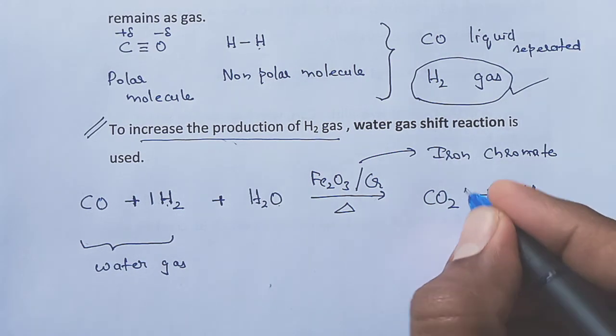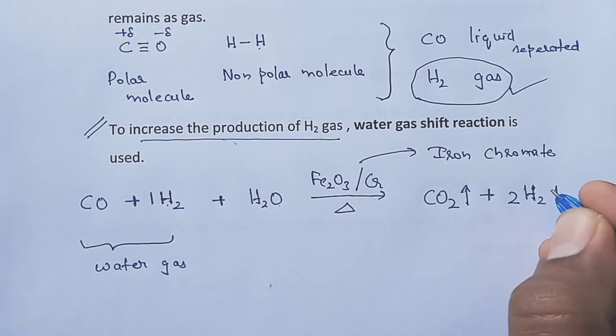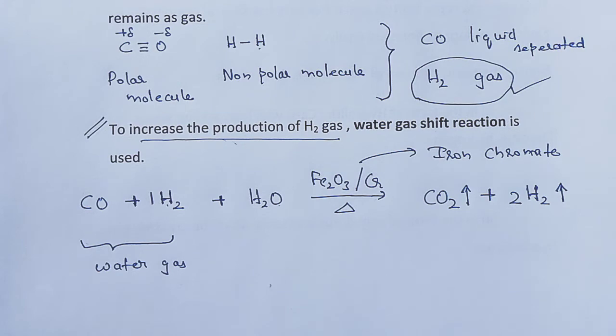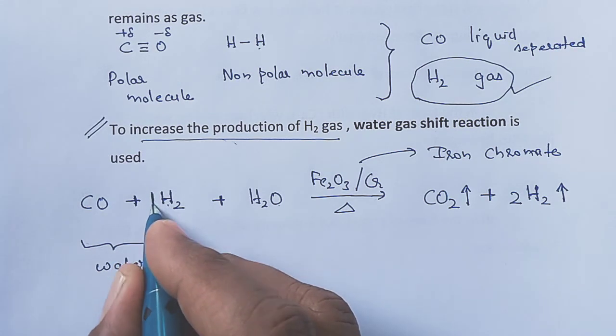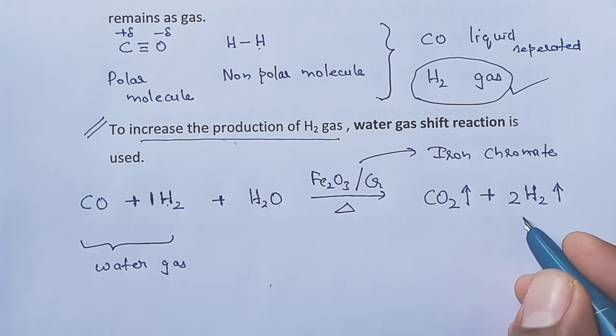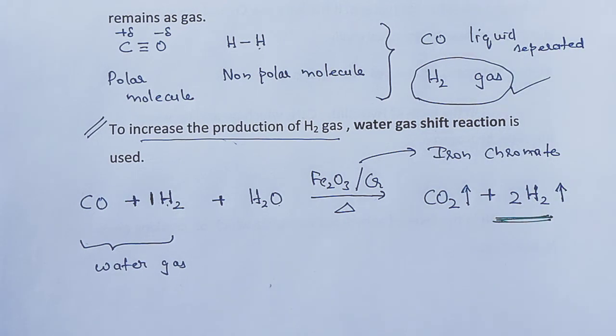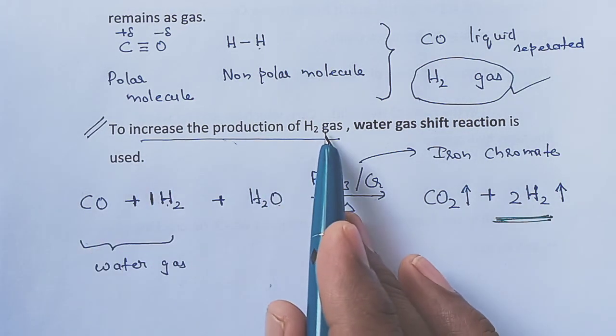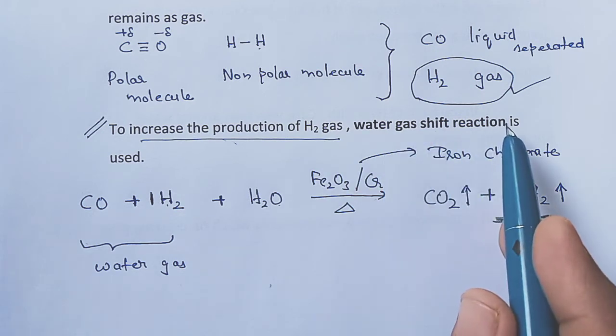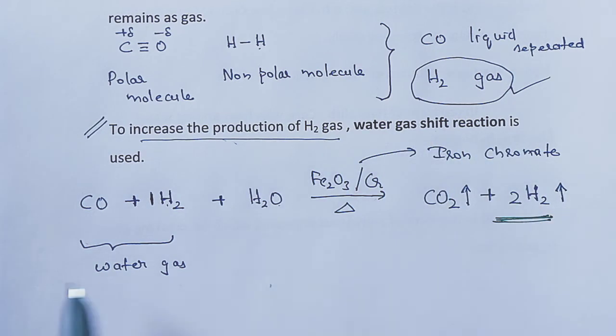So carbon dioxide gas and hydrogen gas are produced. The interesting thing here is, here we have 1 mole of hydrogen, but here we have 2 moles of hydrogen. That implies the amount of hydrogen is increased. So to increase the production of hydrogen gas, water gas shift reaction is used.